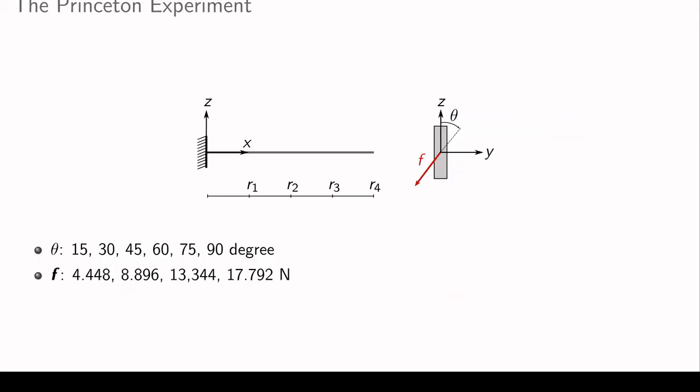And here is another example, the Princeton experiment, which is used when slender soft bodies are subjected to an end force with different lines of action and different force intensities.